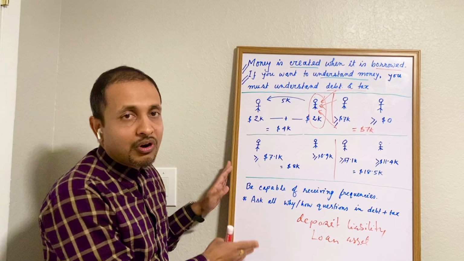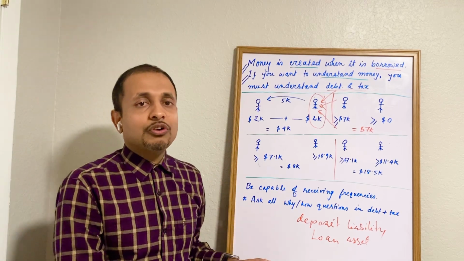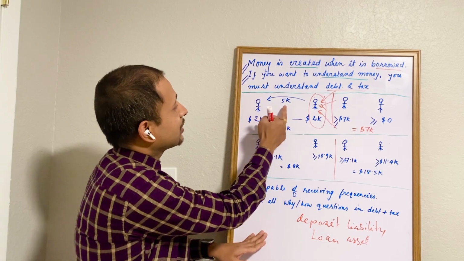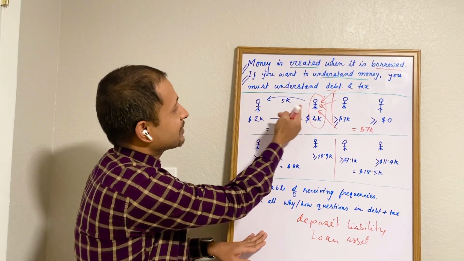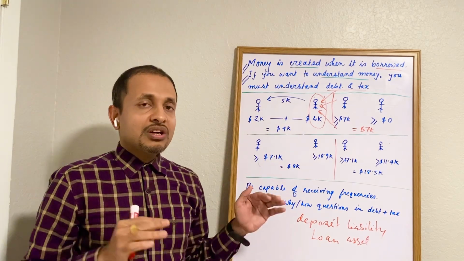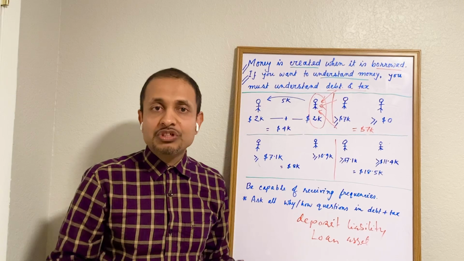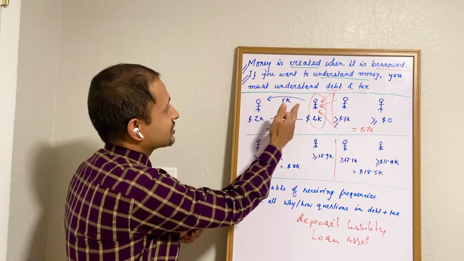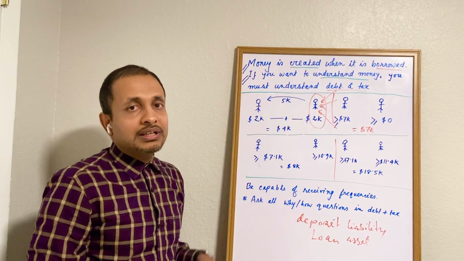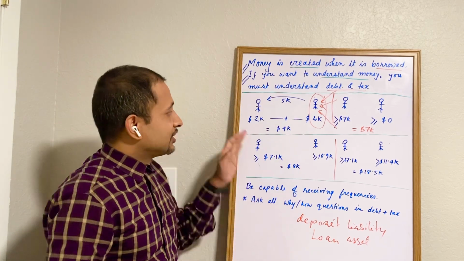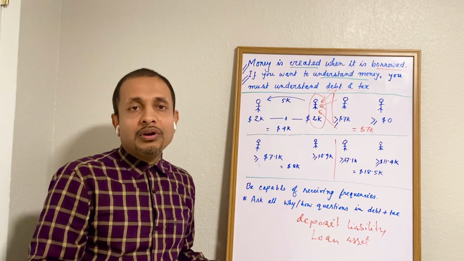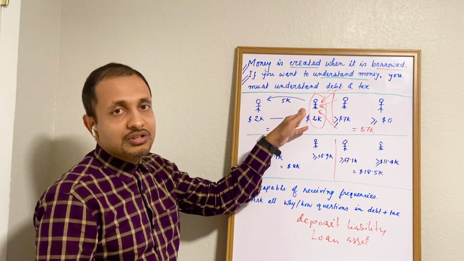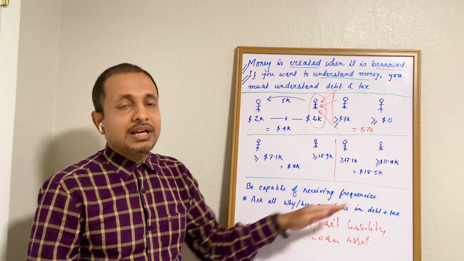Now I want to make a pause and make a very good caution over here. Just because you know this guy is basically inventing money, creating money by borrowing money, don't just rush into your bank and borrow money. You need to be smart to borrow money, because as soon as this guy is borrowing $5,000, he has a $5,000 liability, and he should have a business or whatever the process is, that should be able to pay this 5,000 mortgage over whatever the term is and still make profit.